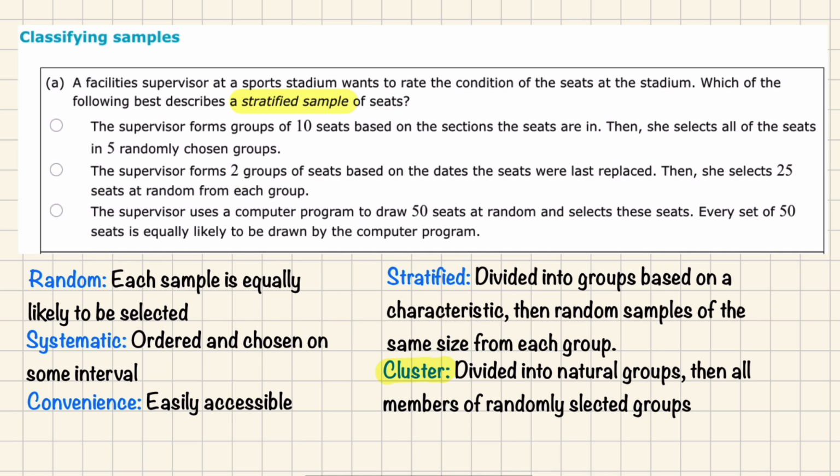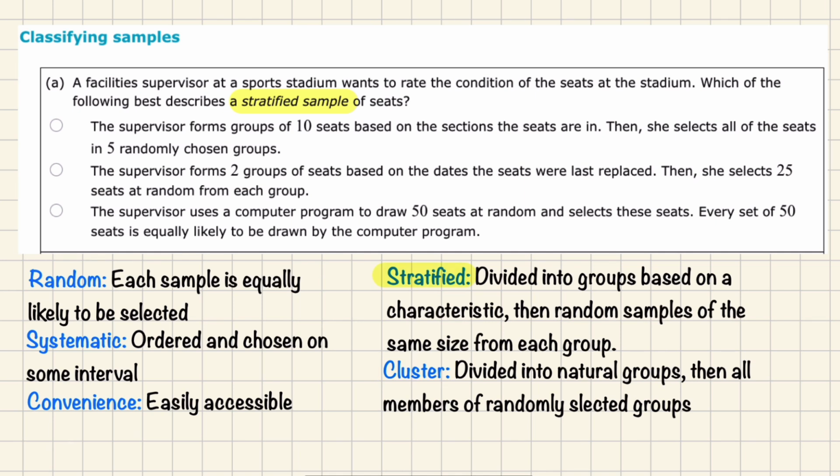Cluster sampling, where we divide subjects into natural groups and then all of the members of some randomly selected groups are used. An example here could be cities, where they are a natural group of subjects, and then we randomly select certain cities to form our sample.